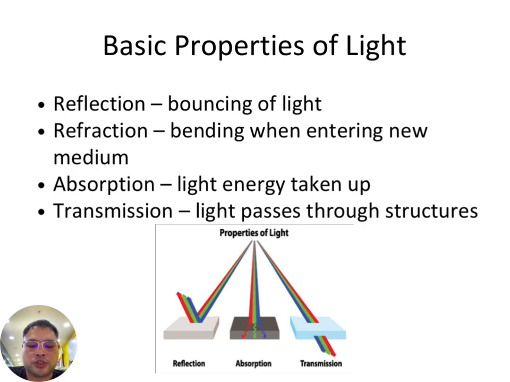Then absorption, when light energy is taken up by a material and may be turned into heat. The last one is transmission, when light passes through something transparent like the cornea or lens. All of this happens inside our eye, so understanding them helps explain how vision works.